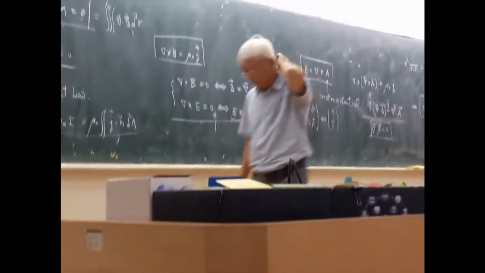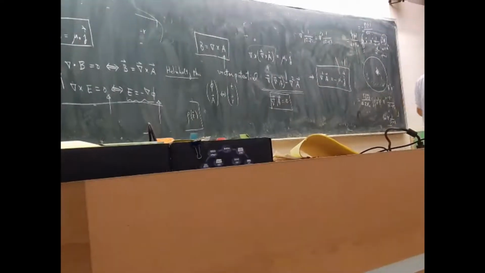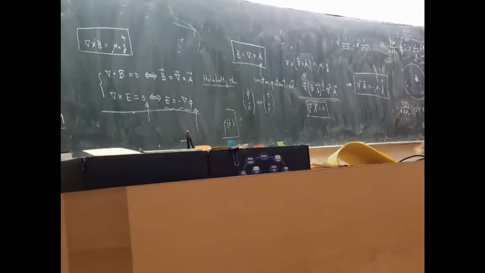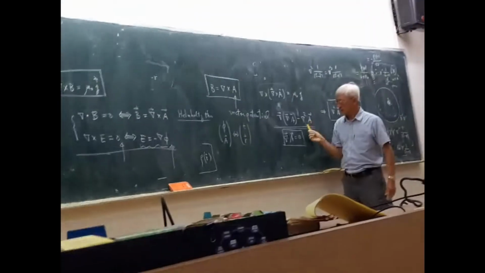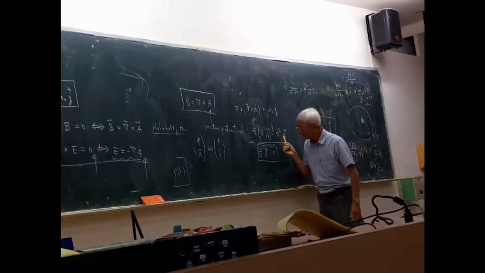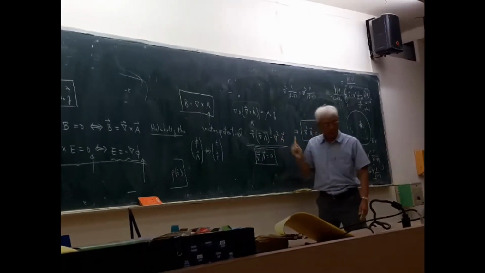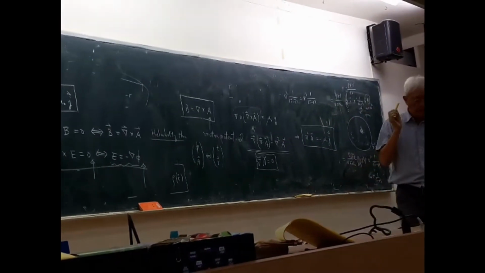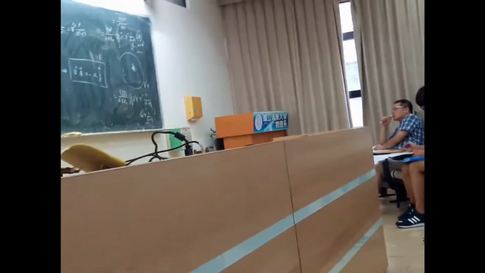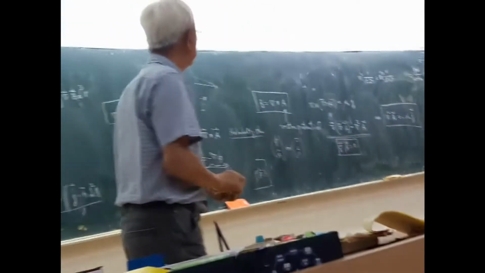This is not completely right. Any case, when you make this expansion, you have two curls. You better make it in Cartesian coordinates. I think in curvilinear coordinates this may be okay, I forgot the example.